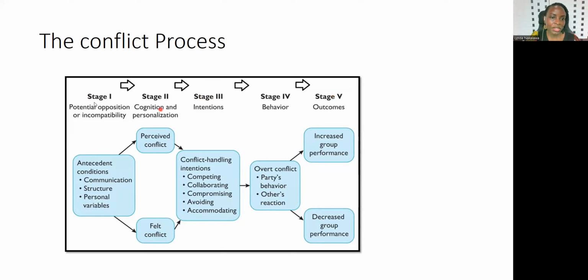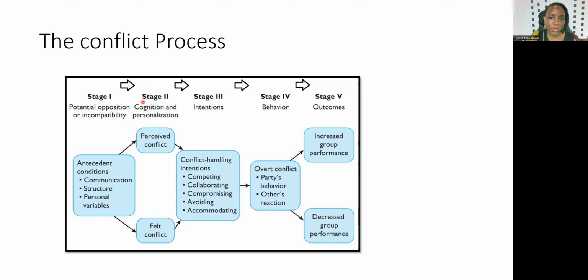So the stages are: stage 1 is the potential opposition or incompatibility. Incompatibility means that these things or these people cannot really be put together in peace. And stage 1 is about potential opposition, the things that exist before conflict breaks out. Okay, so at stage 1, there is potential for conflict, but it hasn't actually happened.